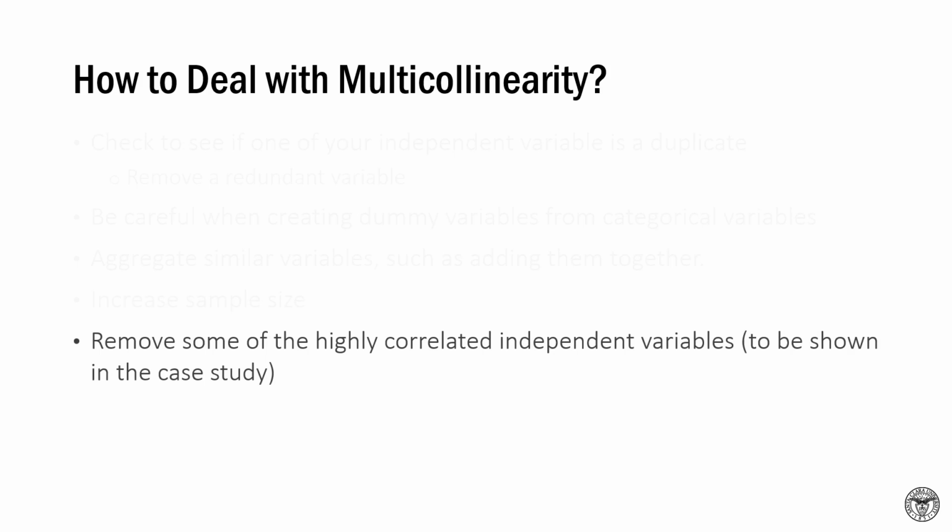Fifth, remove some of the highly correlated independent variables. If two or more independent variables are highly correlated, it is important to remove one of them to reduce multicollinearity and improve the accuracy of the regression model.